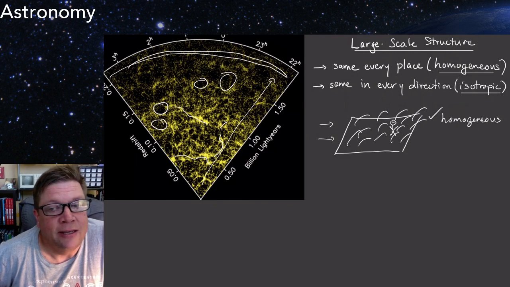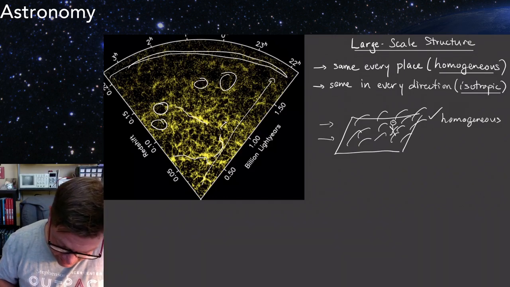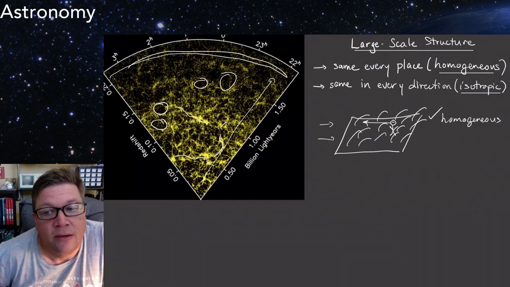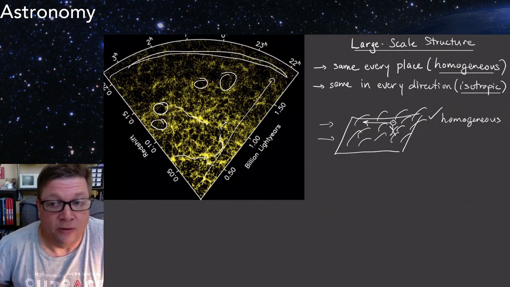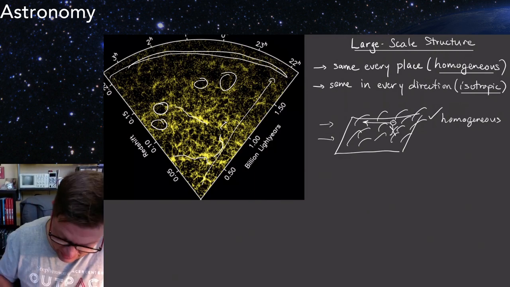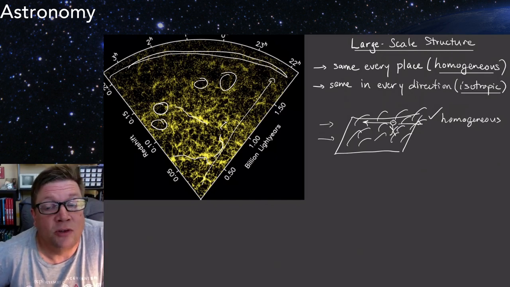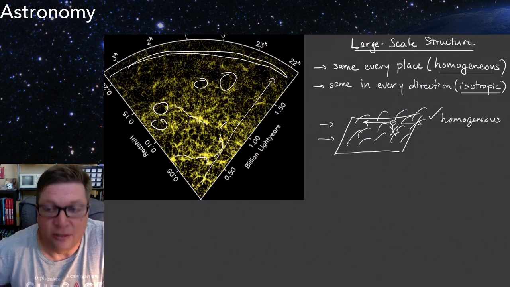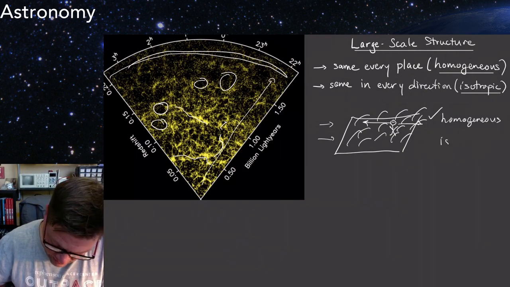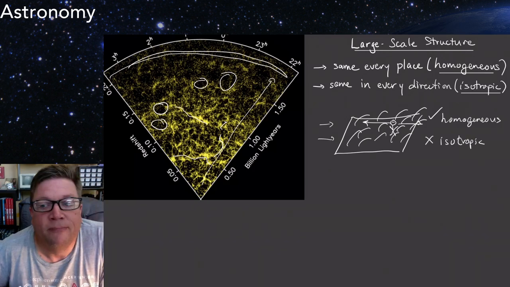That's the crucial thing. And I'm saying no, because if I look this way, all the stalks are bent towards me. And if I look this way, all the stalks are bent away from me. So it does not look the same in every direction. So is this isotropic? Nope.